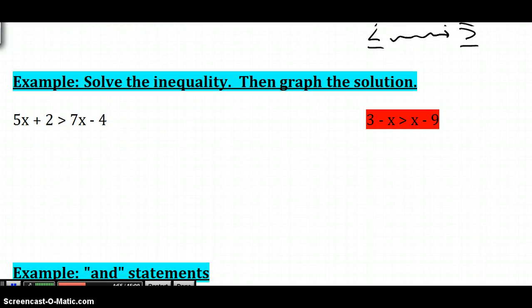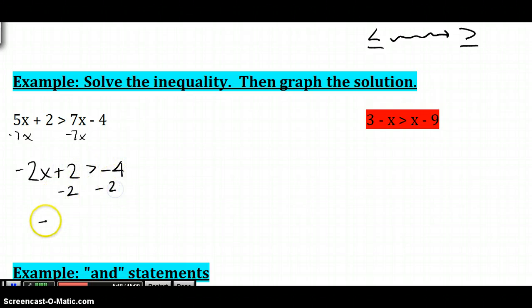So let's actually solve some. Let's start with this example. It's exactly like an equation, just treat this as an equal sign, except if you would multiply or divide by a negative, you have to flip your sign. So our goal is the same. We want to get our x's to one side and our constants to another. So then we subtract our 2 to the other side. And we just subtracted 2.